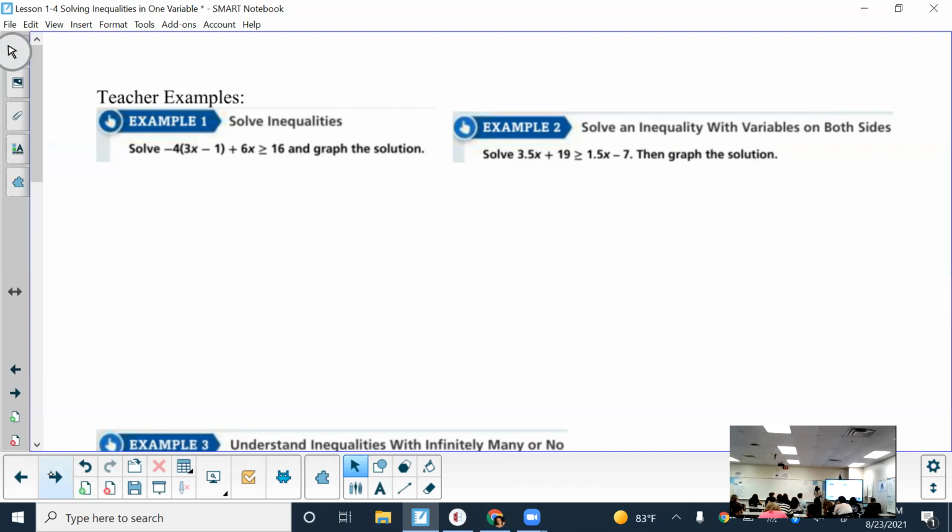So what would be the first step if I'm treating this just like an equation? What do I do first? Distribute. All right, distribute if necessary is always the first step. So distribute that -4. What's -4 times 3x?